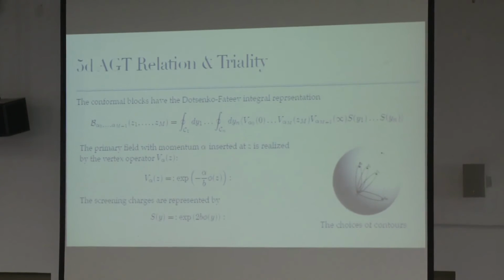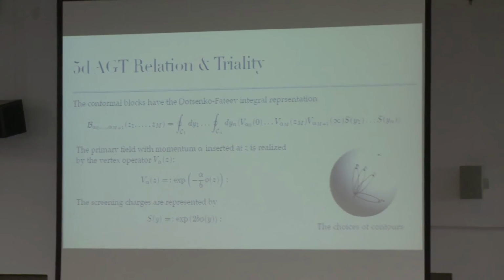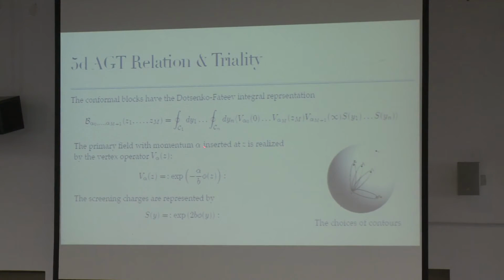So one of the questions about performing these conformal blocks was the choice of the contour. And it turns out the contour is not that difficult: it just circles 0 and the other insertion points, and leaves the last insertion point, infinity, untouched. And you can represent the primary fields as vertex operators, and the screening charges have a similar representation.